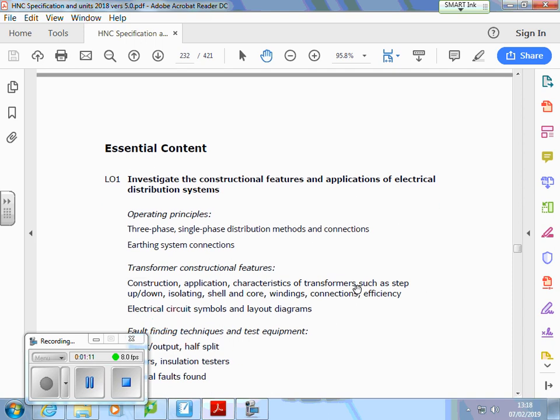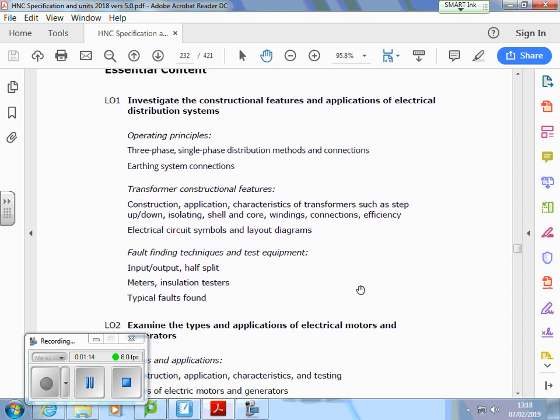So on the next page, essential content for each of the learning outcomes. That tells me what I have to teach for that learning outcome. Not all of that is assessed, so they pick bits from that to put in the assessment.